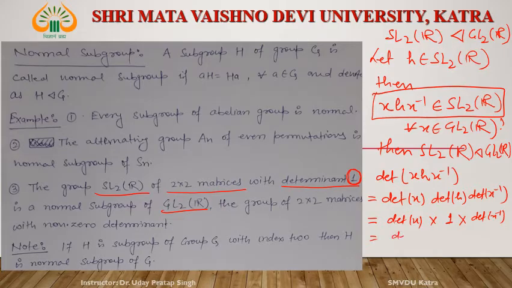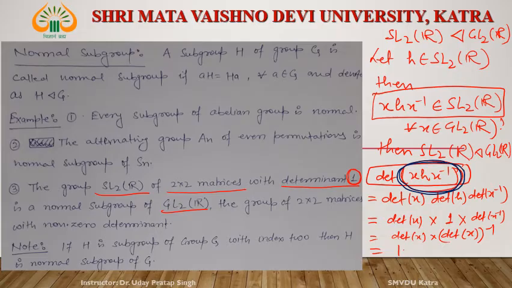And this is equal to determinant of X into determinant of X whole inverse, right? Then this is A and A inverse. This is 1. It means the determinant of this X h X inverse is 1. It means X h X inverse belongs to SL2R, right?